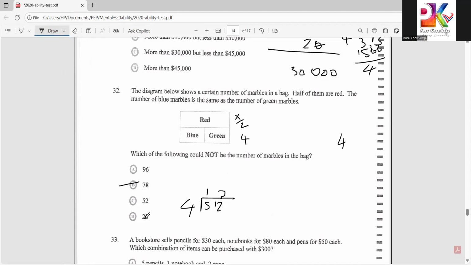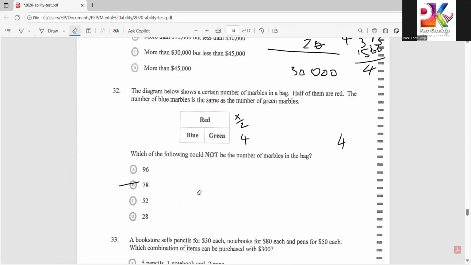And we know 4 into 28 can work. 28 divided by 4 is 7. So the answer will be 78. So that's how you get it, guys. But that's one of the ways you can get it.